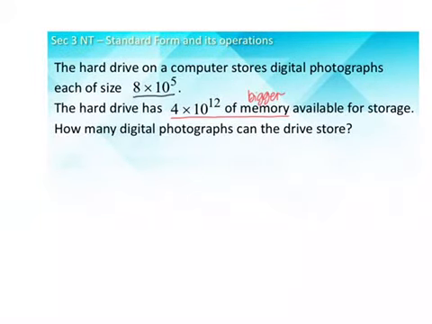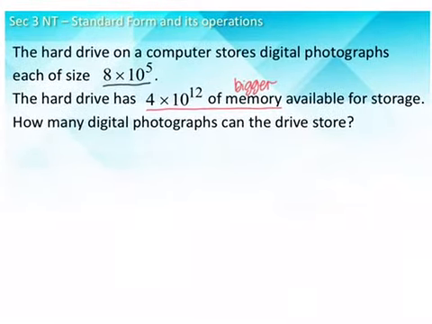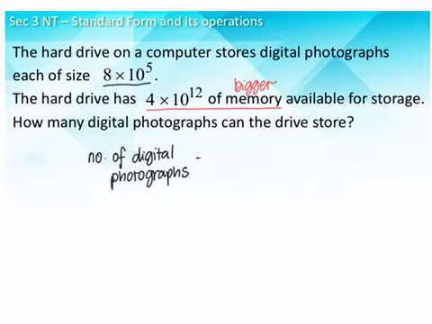So the number of digital photographs will be equal to taking the memory of the whole hard drive, which is 4 times 10 to the power of 12, dividing it by the size of each digital photograph, which is 8 times 10 to the power of 5.